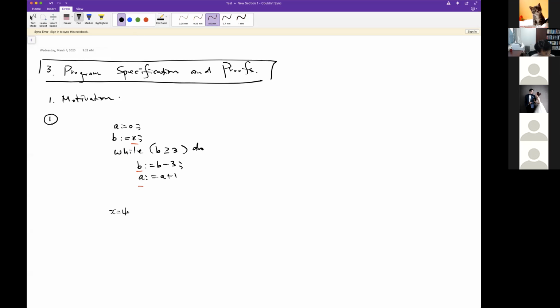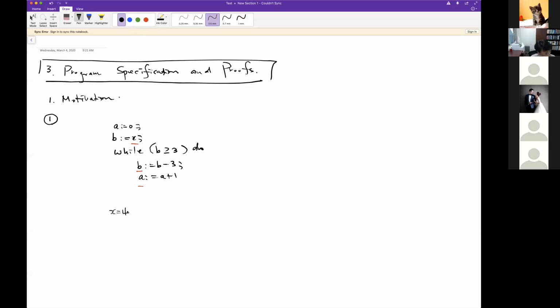So I will call this entire program C div3 because it computes the integer division by 3. So now suppose we wrote this program and we know that this program is correct. Looks like it's correct, but we want to formally state its correctness, its property, and also want to prove that this program satisfies that property.